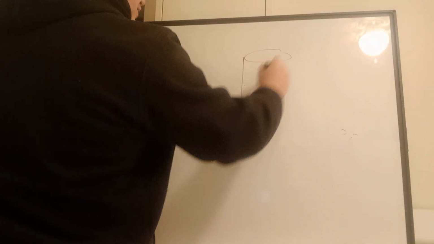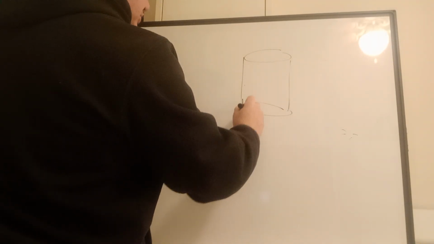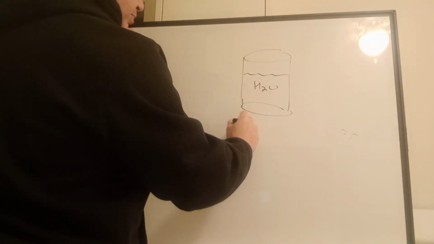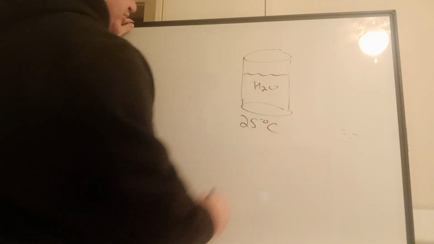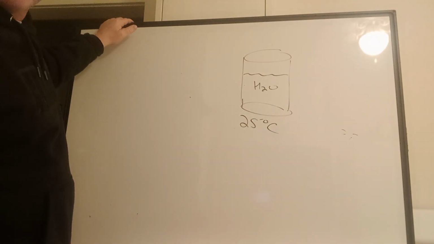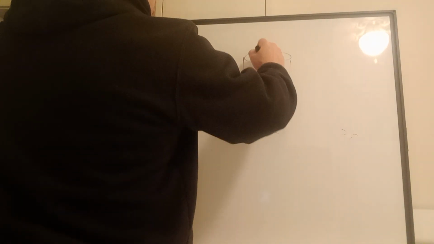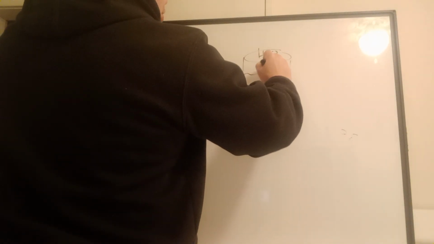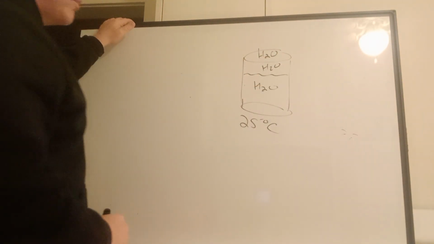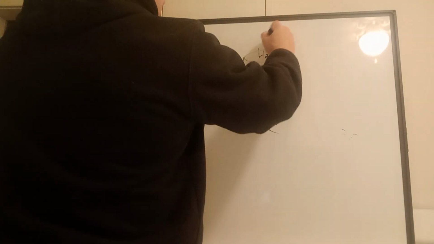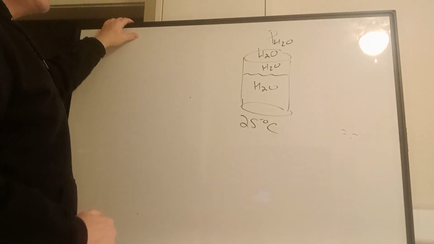Let's take a condensed phase. Let's focus on liquids. Let's say it's water at a certain temperature, let's just say 25 degrees Celsius, roughly room temperature. You'll find that you'll have a certain equilibrium pressure of water vapor in the gas phase over it, a certain partial pressure, which I'll write as pH2O.